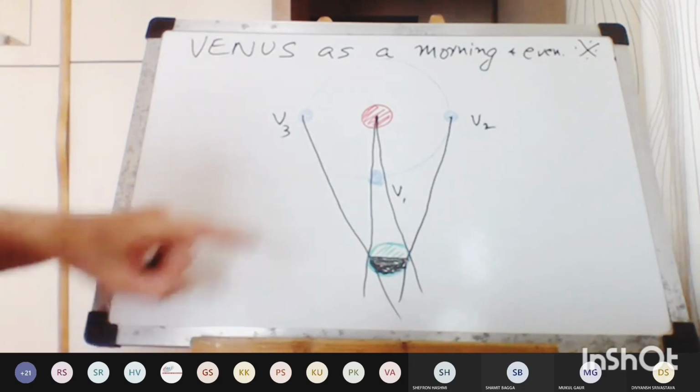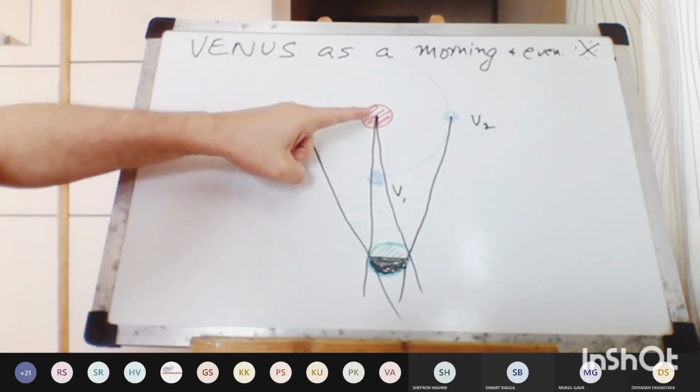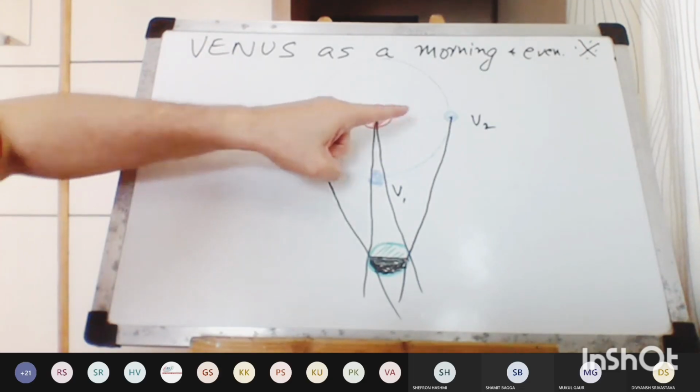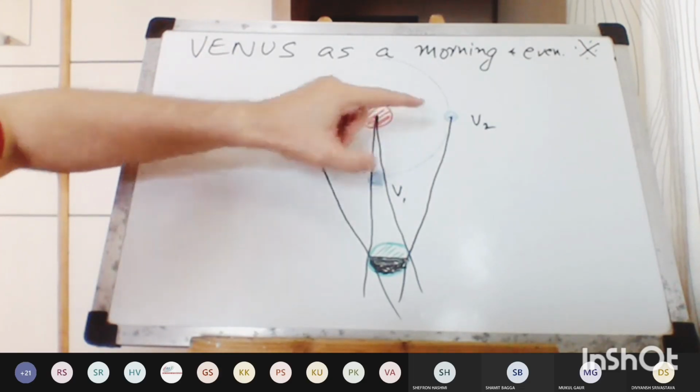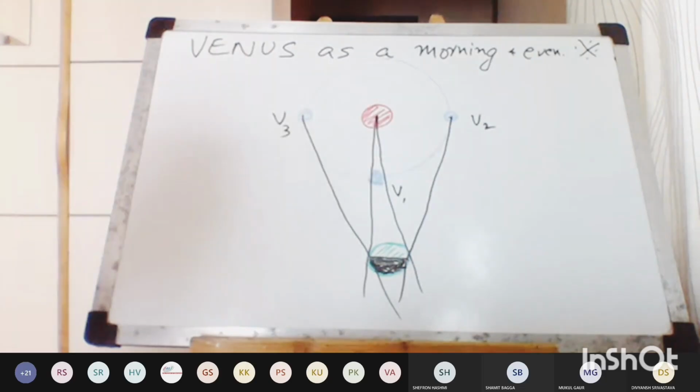Now, this is called the western elongation of Venus. Western elongation. This part is a little tricky. I will try as much to explain to you.